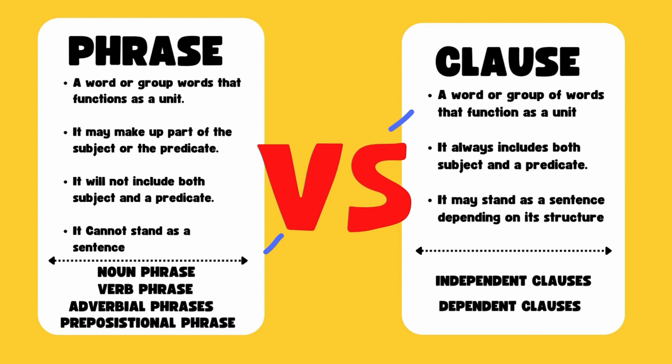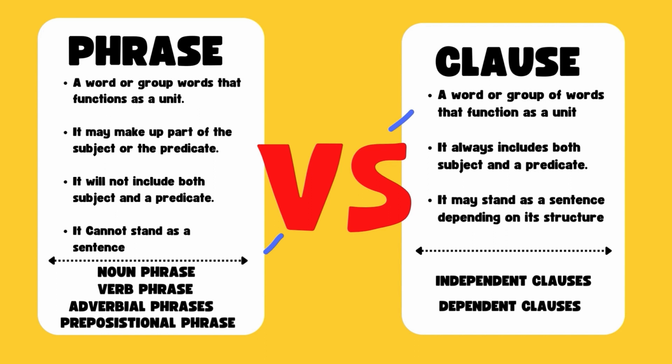Well, a phrase is just a group of words that function as a unit, like the phrasal verbs that you all love so much. It may not make up part of the subject or the predicate, and it will not include both a subject and a predicate, and it cannot stand as a sentence by itself.